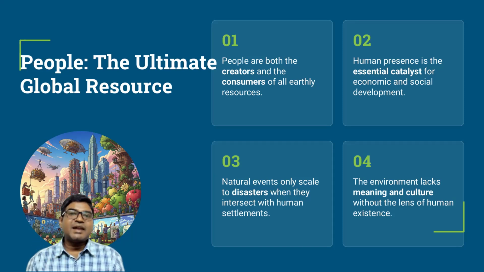And the environment lacks meaning and culture without the lens of human existence. If there is environment but no population, then the entire meaning collapses. So the ultimate global resource is the people. That makes us very curious to learn about people and population. Let's get in there.